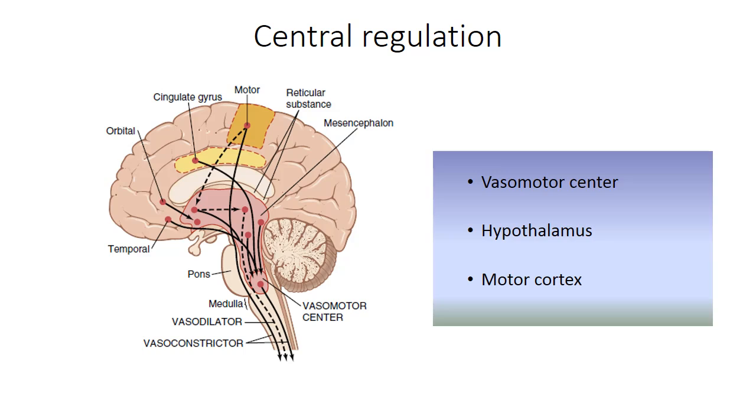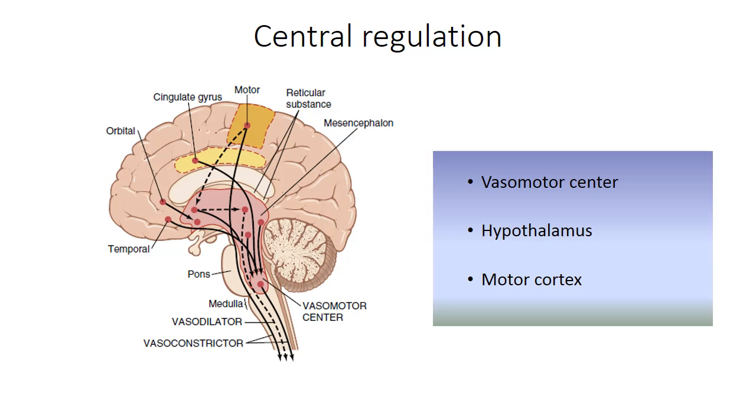As you can see in this part, the reticular substance can activate or inhibit the vasomotor center. The lateral part of the reticular substance can activate the vasomotor center, and the medial part can inhibit it. So like the hypothalamus, the reticular substance has different parts with different actions on the vasomotor center.